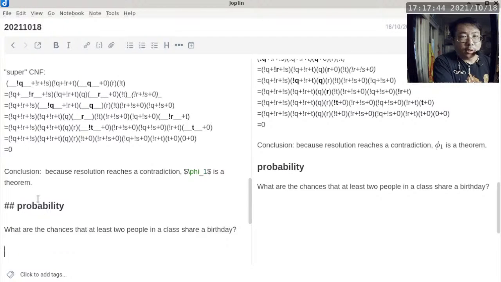So the first thing we notice is that to answer this question directly is pretty hard. Let's say you only have 3 people, and you would think that with 3 people it's pretty easy.